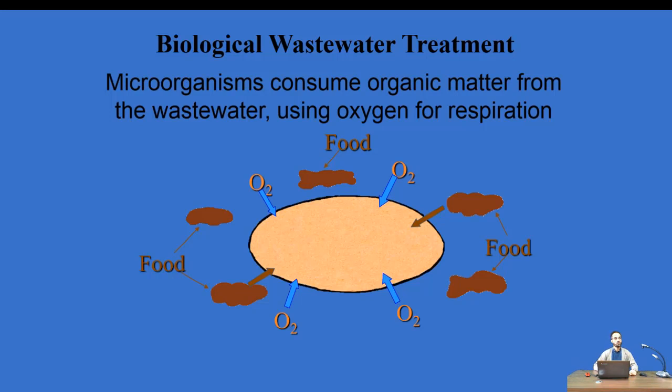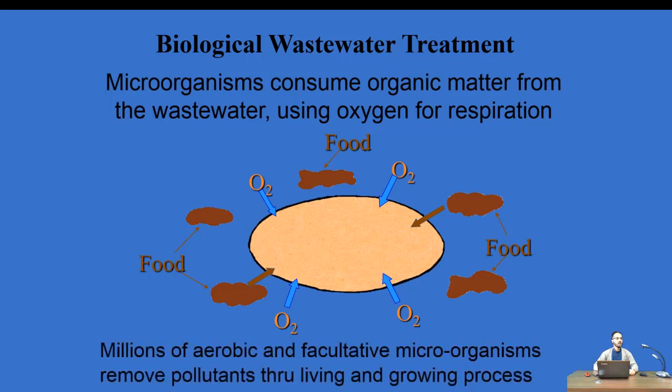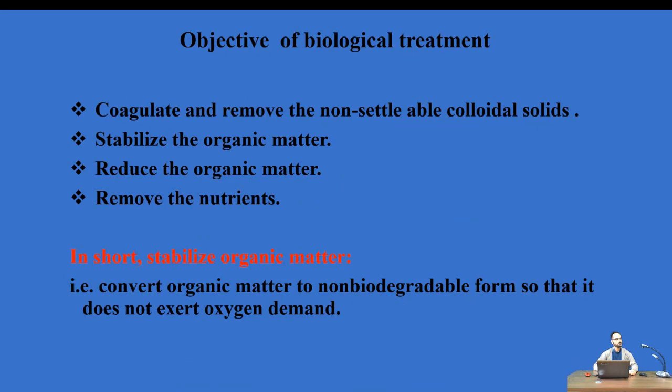In the presence of oxygen, these microorganisms will degrade the contaminants into the final products of CO2 and water, and provide new cells and sometimes ammonia. There are millions of aerobic and facultative microorganisms that remove pollutants through living and growing processes.